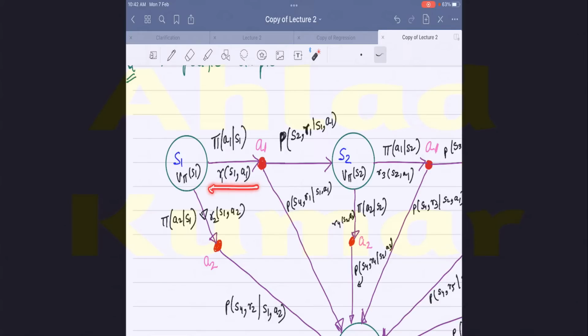Once you have taken this action, this action leads to state S2. Once you end up in state S2, the transition probability which is moving you from action A1 to state S2 is denoted by a joint distribution given by probability of S2 and R1 given S1 and A1.